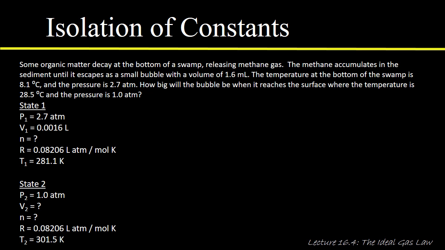All right, so we've got our variables here. We decided we're going to change n1 and n2 to just n, and we want to put our variables on the left and our constants on the right. So for state 1, we get P1 V1 equals nR T1, because P, V, and T are the things that are changing. n and R are both constants.